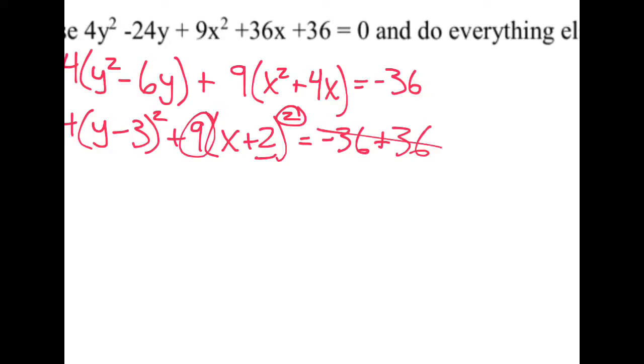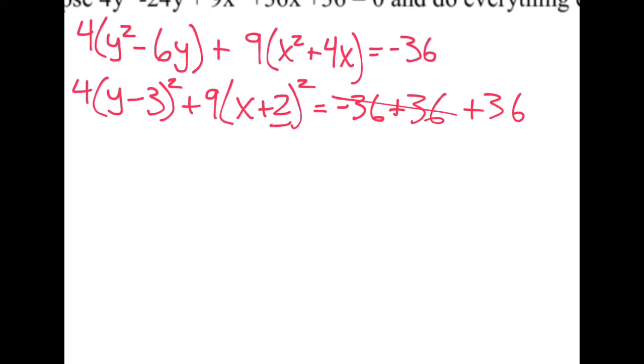Look, I also added 36. That is a coincidence based off of the numbers that I chose. It won't always be that way, but I added another 36 to the left, so I added another 36 to the right, which means I end up with just 36 on the right, because I had a negative 36 and 2 positive 36. So there you have that.